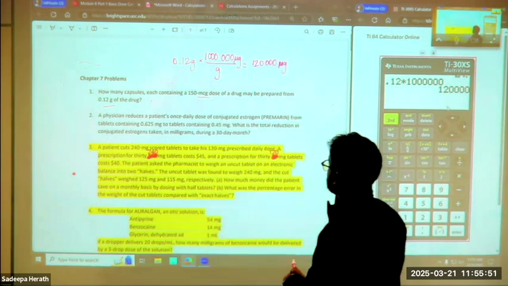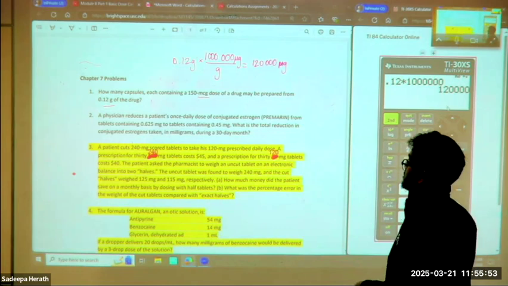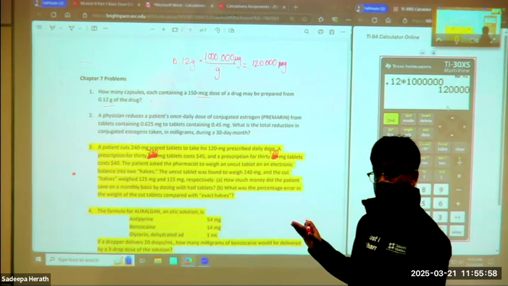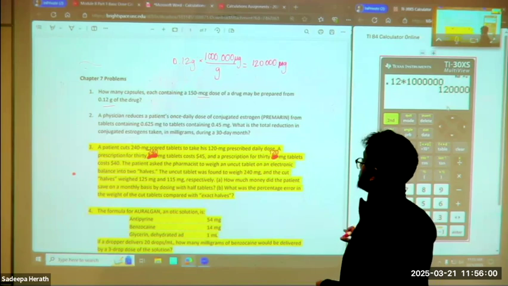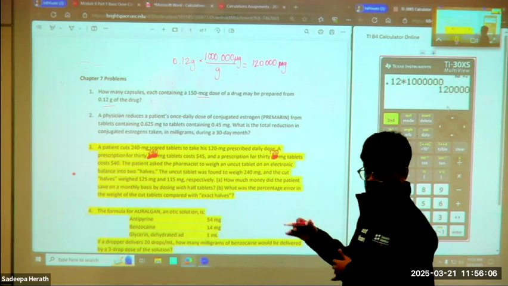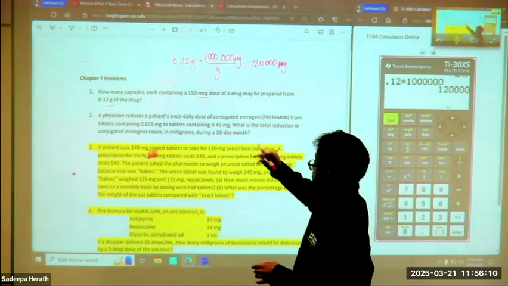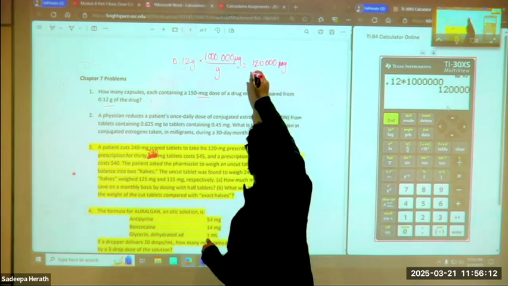All right. So that's how much total drug we have in micrograms. Now we want to divide that, and we want to find out how many capsules we'll get from a certain amount of dose, which is 150 micrograms.